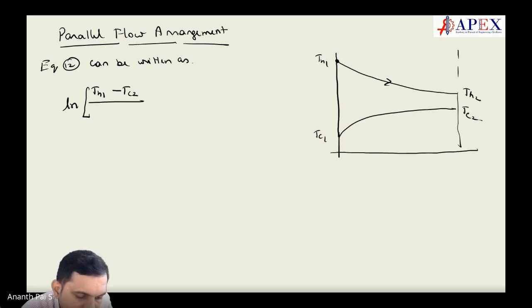Or LMTD in general, I can write it as LMTD also. Th1 minus Th2, right? Let me write. So this is Th1 minus, oh no, sorry. This is not.